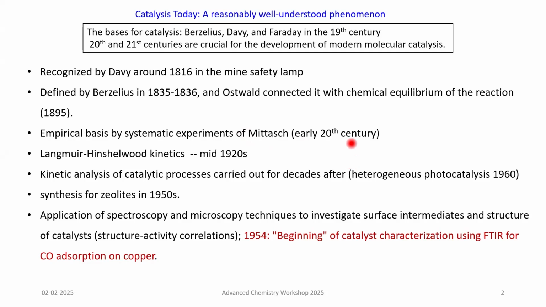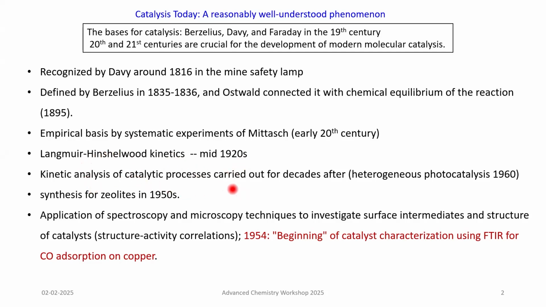Okay, and then somewhere in mid 1920s, Langmuir and Hinshelwood started talking about the kinetics of this catalysis, particularly heterogeneous catalysis. Homogeneous catalysis is there, but in heterogeneous catalysis they started looking at how we actually measure the kinetics. Can we do some experiments, measure the kinetics and then predict the reaction rate and so forth? That is what they were looking at in the 1920s.